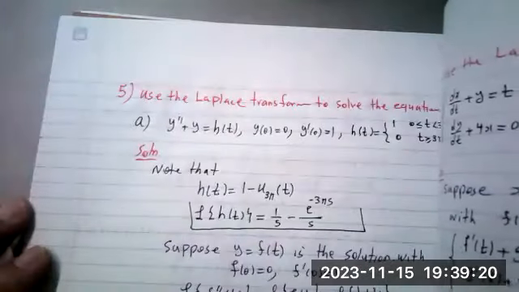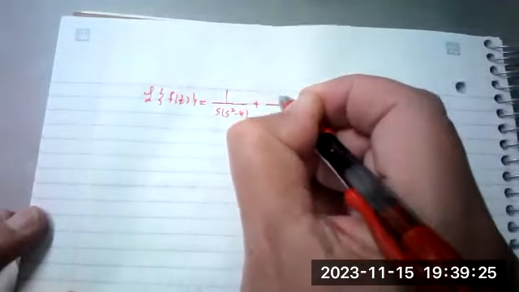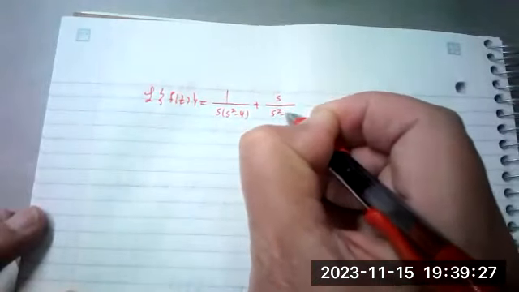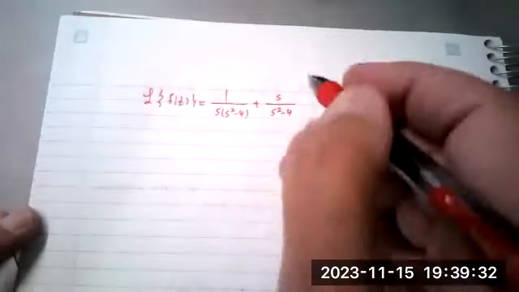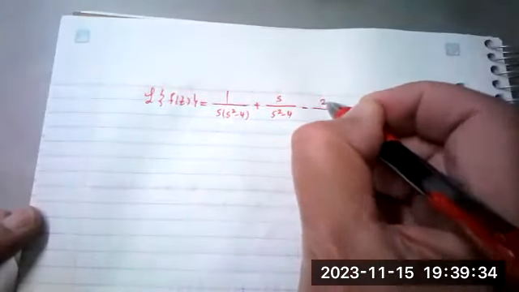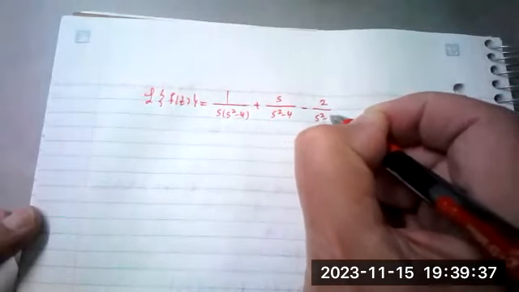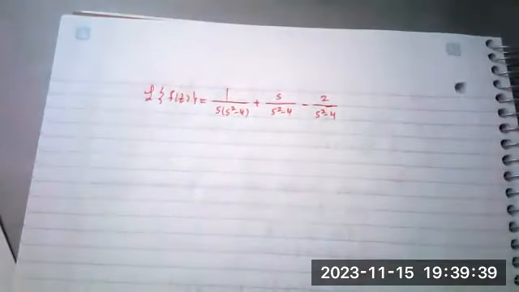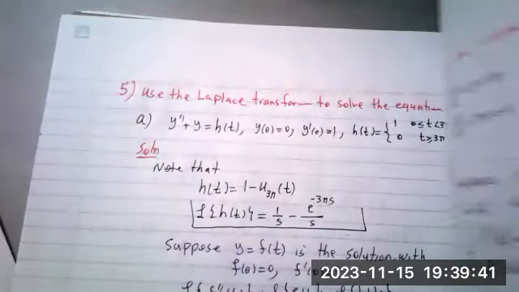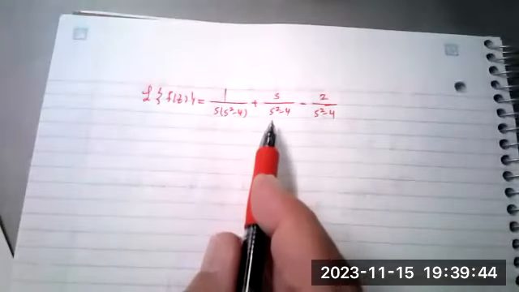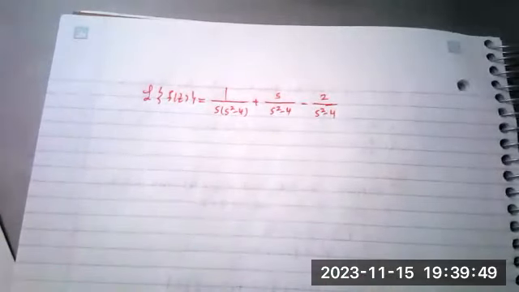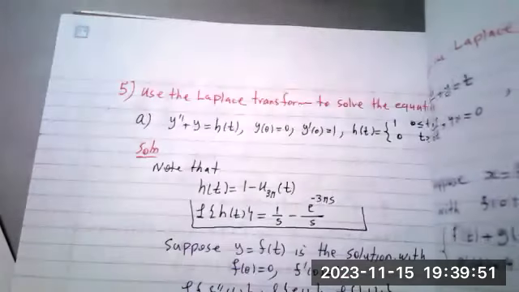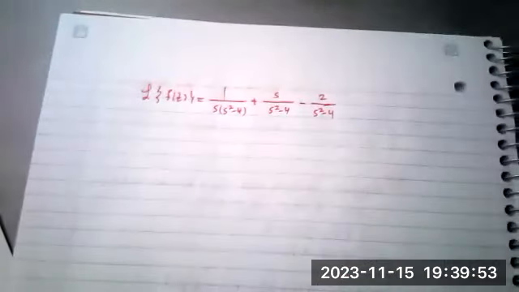The second one is going to be plus s over s squared minus 4. And the next one, I change it to the negative, so it's going to be 2 over s squared minus 4. In fact, we can simplify the last two. This is s squared minus 4, and s squared minus 4. It's going to be s minus 2. You can simplify this. That's it.